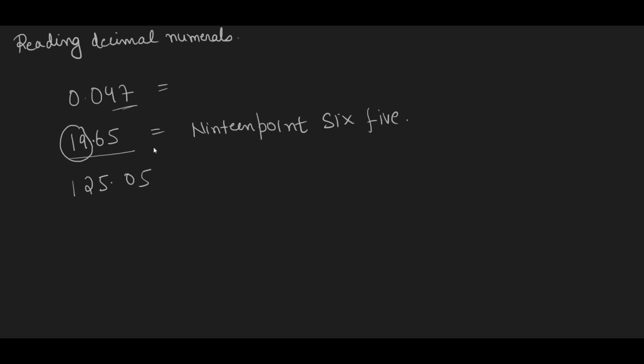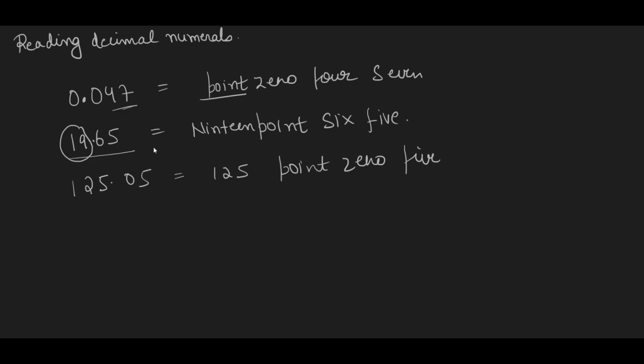So this will not be read as a whole number, this will be read as 0.047, read as point 047. So point 047. Here you have 125.05. And children, this is the conventional method of reading the numbers.